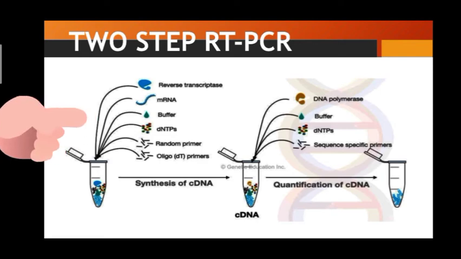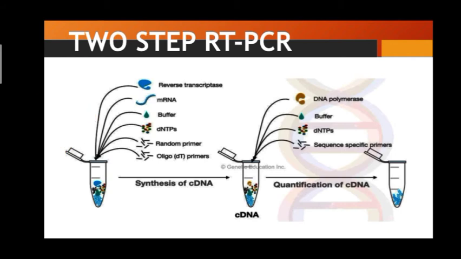In the first reaction, reverse transcriptase enzyme, nucleotides which are dNTPs, reaction buffer or PCR buffer, oligo primers and random primers are used to build a complementary DNA. After completion of the reaction, we get complementary DNA stock, which we can store to use in the future, or we can do amplification for the gene expression study.